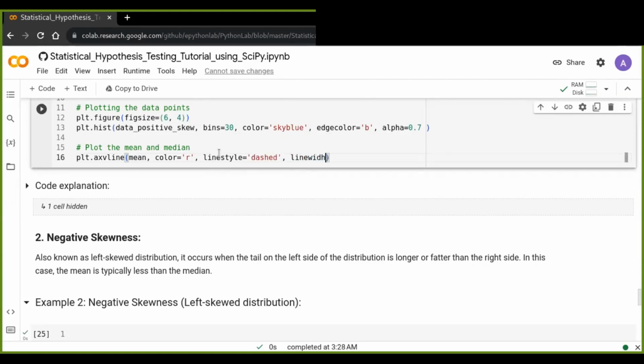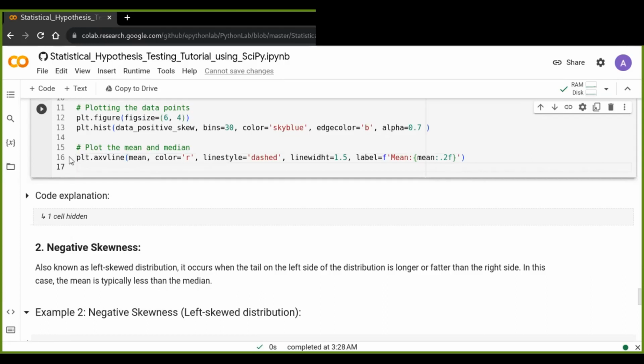And line weights, you can put the line weights to 1.5, and label, can put label, mean.